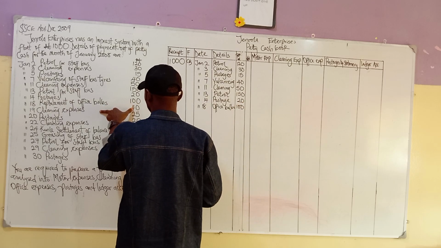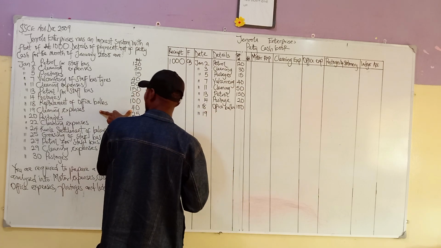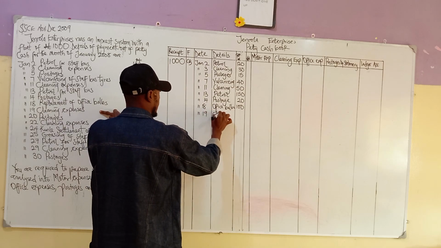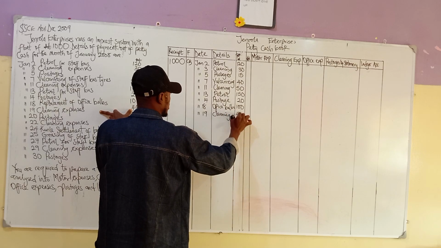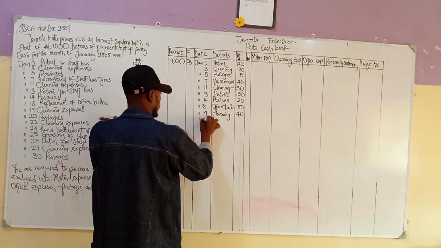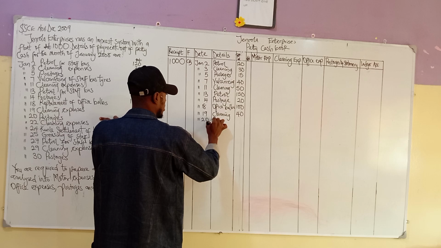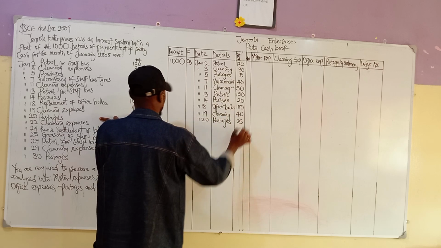Then January 19th, we have cleaning expenses. Cleaning expenses is 40 naira. Then January 20, we have postage. Postage is 25 naira. So I have my 25 naira.